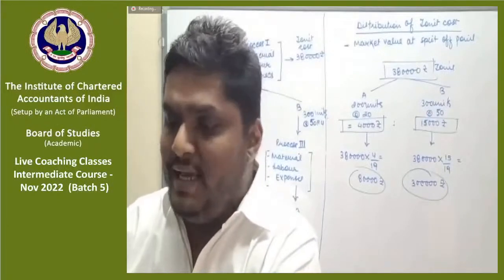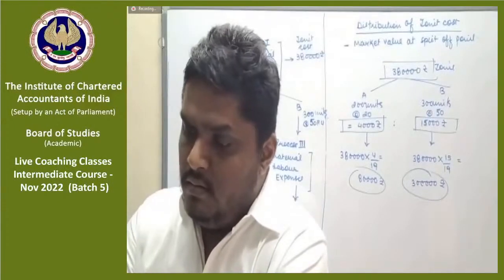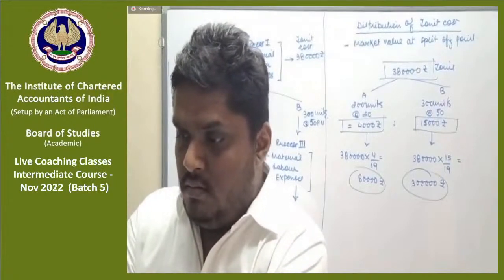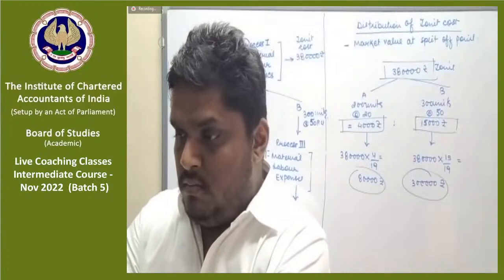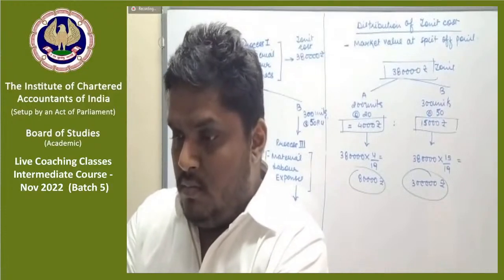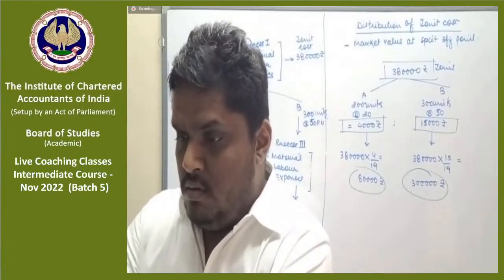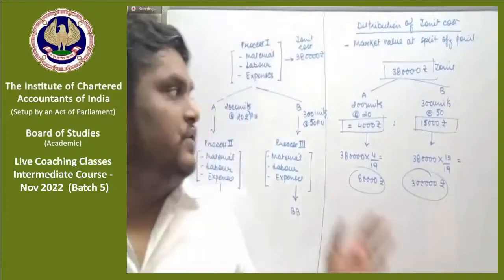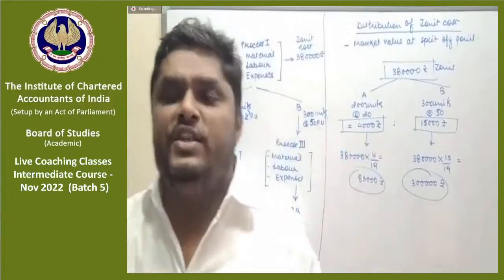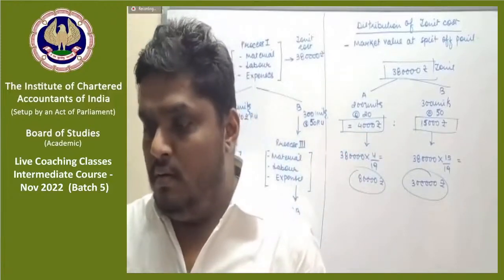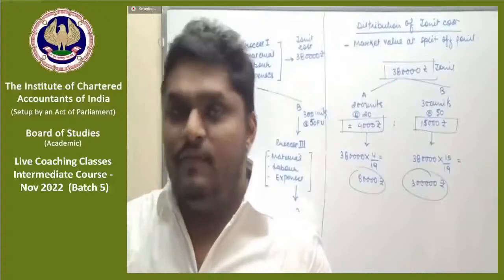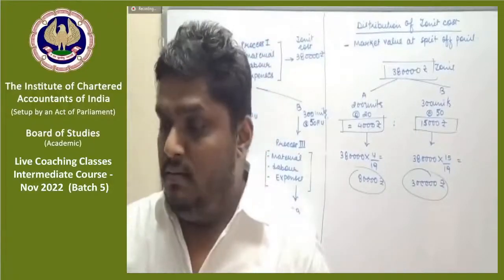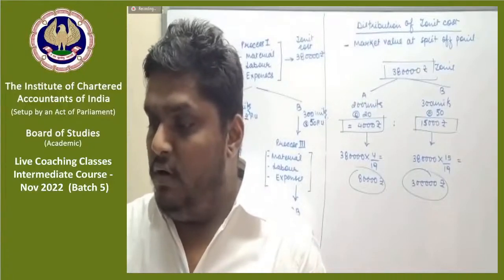Waiting for your queries. I request you guys to please copy this explanation. Very good. Ria, just 1 zeros are missing. It is 80,000 and 3 lakh, my dear. Very good, Mantanjali.